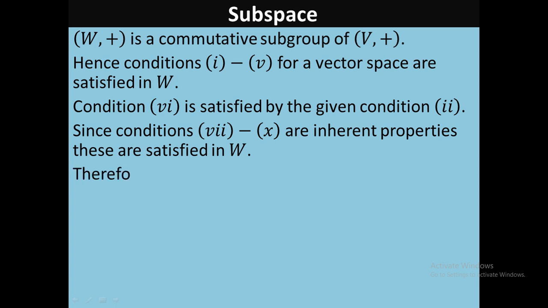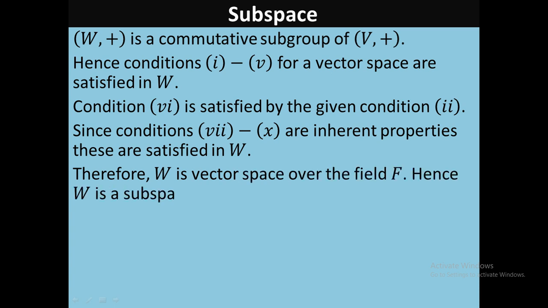So all the conditions are satisfied. Therefore, W is a vector space over the field F. Hence, W is a subspace of the vector space V.